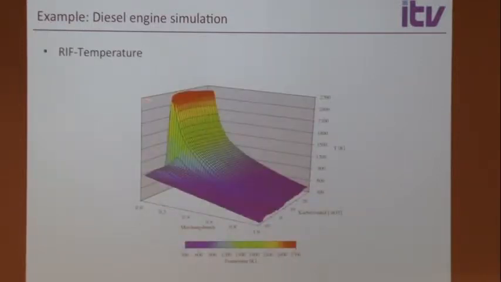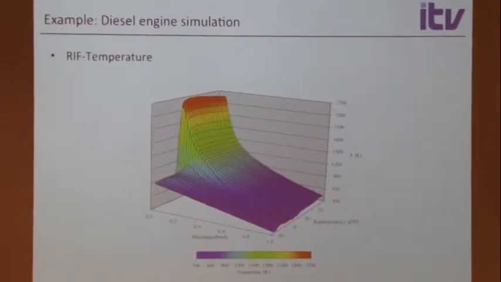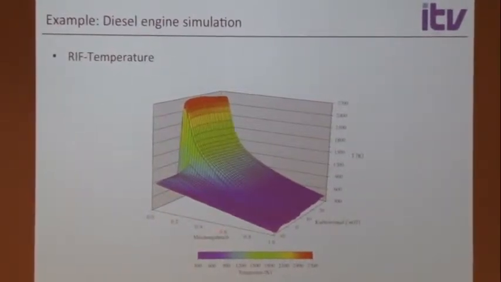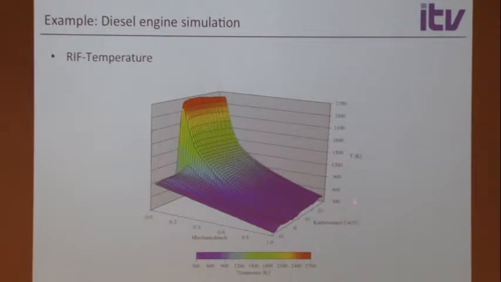Okay, so then the flamelet solution looks like this. Sorry, this is German again. This is time here in crank angle. And then this is temperature. What you see is temperature. The color also is temperature. And then this here is mixture fraction.